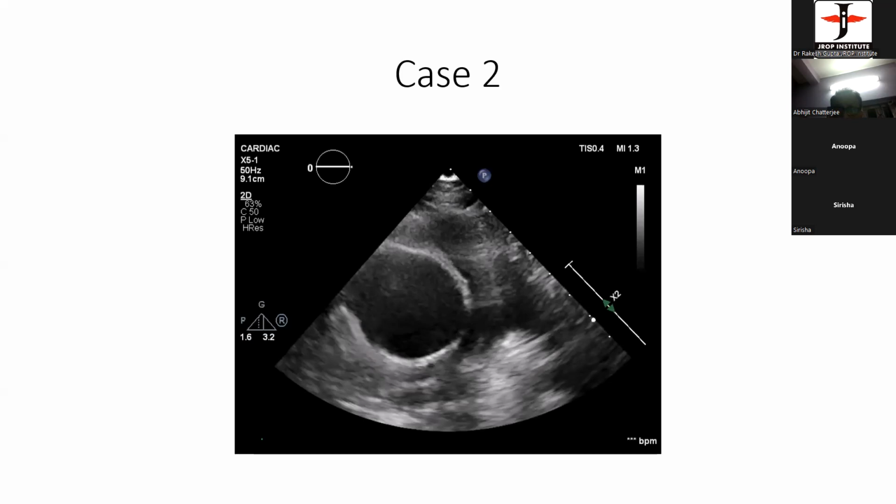We can use jet area by LA area. The jet area more than 8 centimeter square is severe, and jet area by LA area ratio more than 40% will be severe. All right. What else? Mitral aortic velocity integral ratio. Okay, fine. Sir, can I have the next candidate, please?